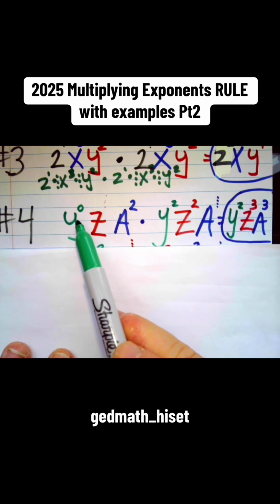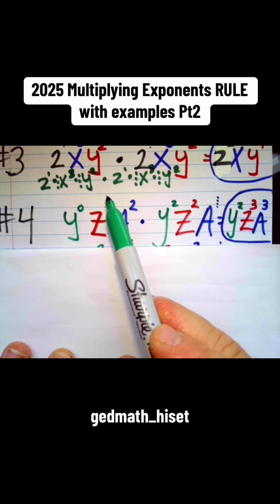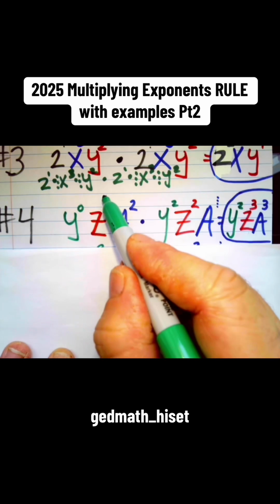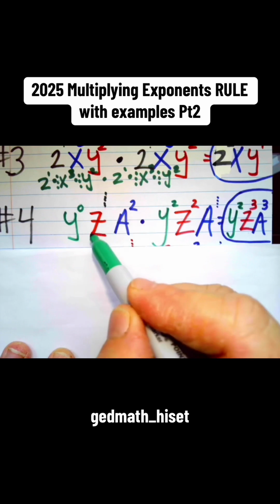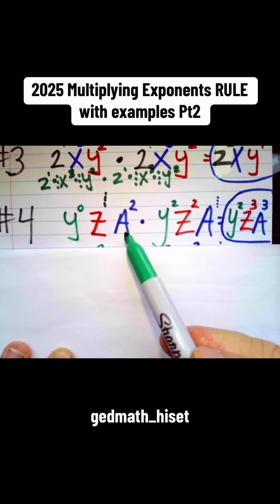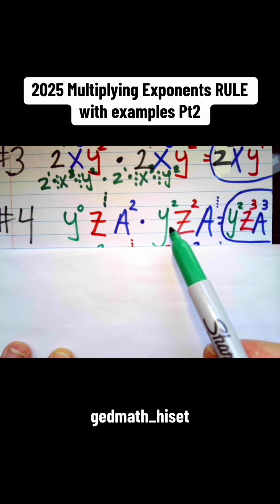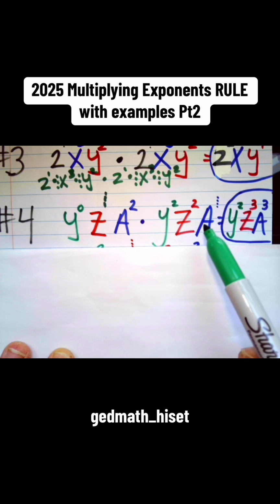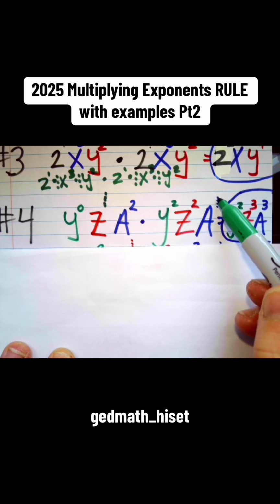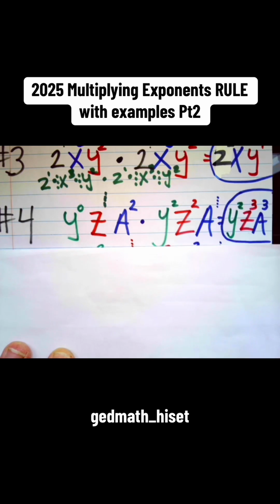So we have y to the 0 power, z to the invisible 1, right? I want you to show these invisible 1s. That's z to the first power times a to the second power times y to the second power times z to the second power times a to the invisible 1, right? That's a to the first power.